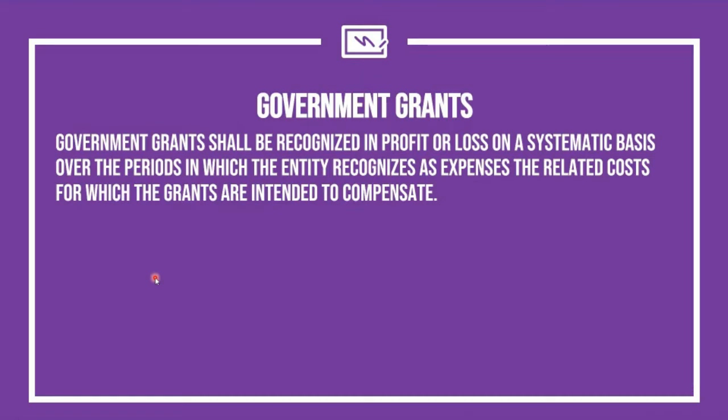Meaning there will only be one account or one amount that is reflected in the financial statements. But anyway, we're going to discuss that in detail later on. The concept here is that the amount of expense that will be reflected in our statement of comprehensive income will be based on the systematic pattern that is applied also to the operations or the asset that it is trying to compensate.